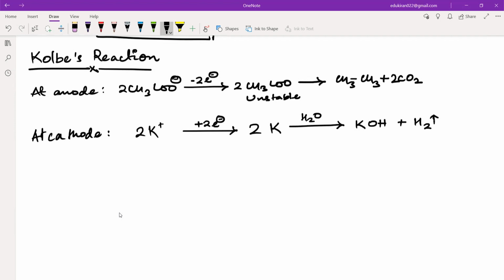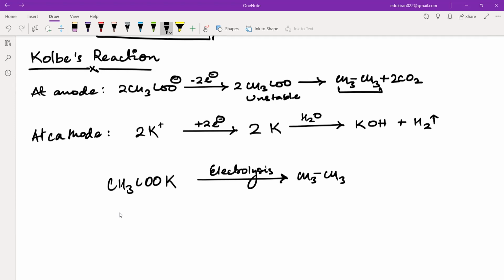This is the reaction that happens at anode and at cathode. Now, if I want to write the complete reaction, I will write it like this: CH3COO, CH3COO, and here you can write sodium or potassium. I'm writing potassium according to this reaction. If we do electrolysis, then I am forming ethane, plus CO2, plus KOH, and H2 gas.